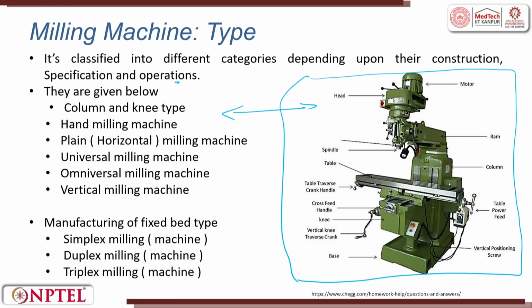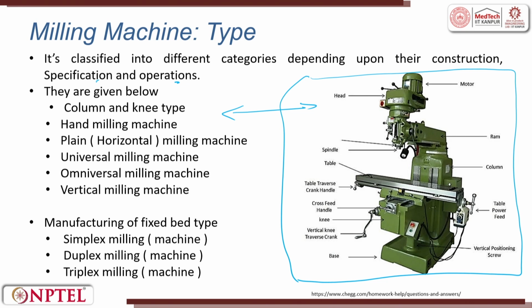The next point is how do I specify the machine? In a lathe machine, we say the distance between the head stock and the tail stock and the swing diameter. That is the major thing. Here also we will see the specifications and, of course, the operations. Here you can see there is a column and knee type. This is a vertical column and a knee type.